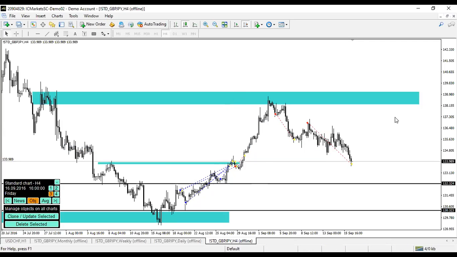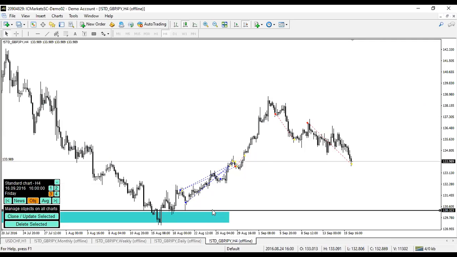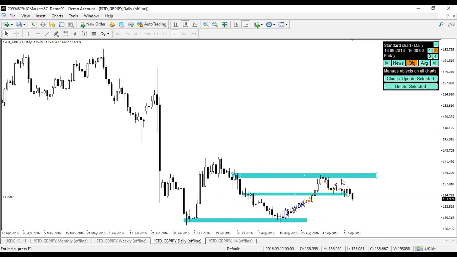This is a daily level, and here we see price respect this daily level and go all the way down. Also price broke this level as well. This is a previous resistance turned to support, but price has a strong bearish momentum, and now price broke this level of support as well.